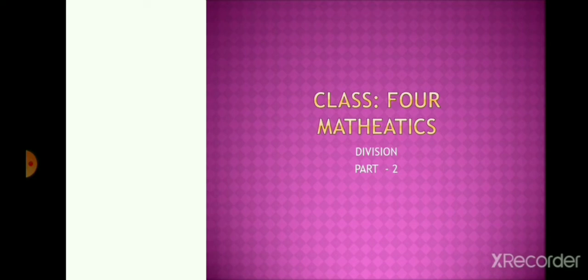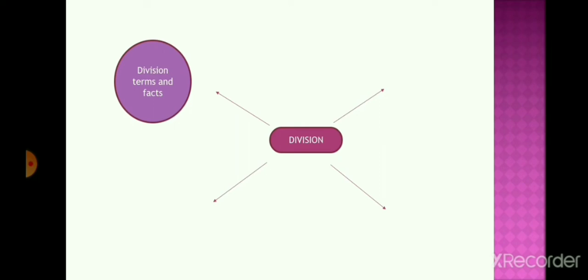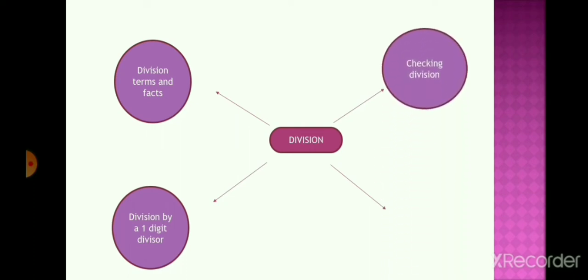Children, let us continue the chapter division. Last session we have learnt the various terms we use in division, facts of division, division by one digit divisor, how to check the division, and finally division by 10, 100 and 1000 without doing the long division process.